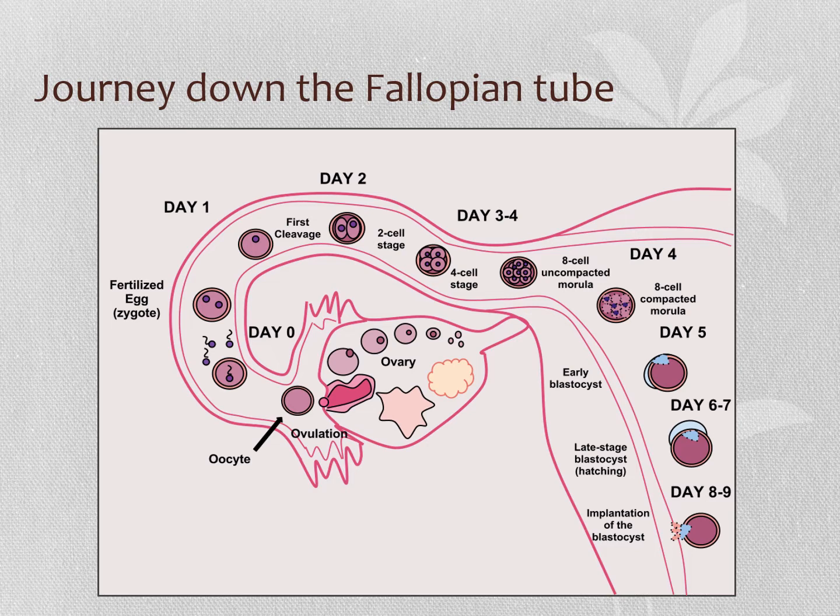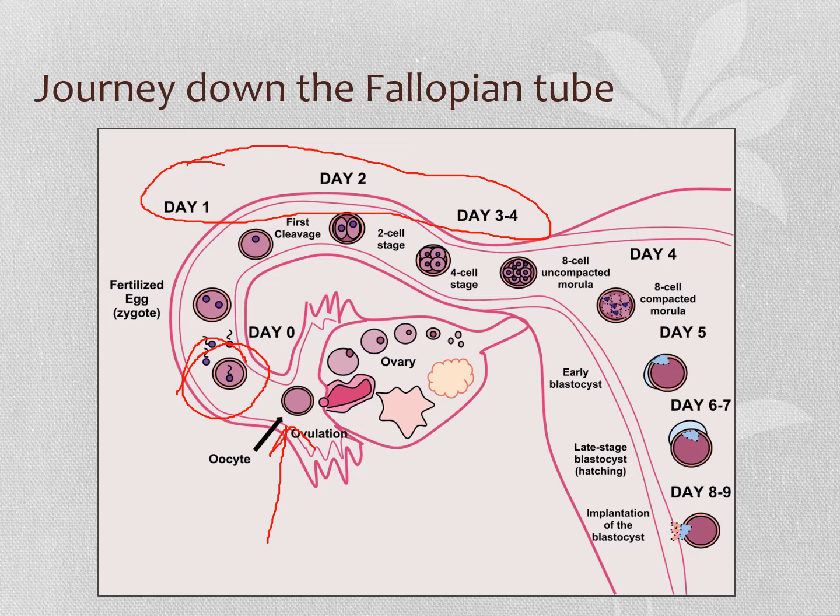So all of this is happening in the fallopian tube. When ovulation happens, right, here's our oocyte, and she's not going to live very long. So the sperm have to get there pretty quickly in order to cause fertilization before the oocyte dies. The first couple of days, you're going to be undergoing cleavage while those cilia in the fallopian tubes go whoosh, whoosh, whoosh, and waft the oocyte closer down to the uterus.